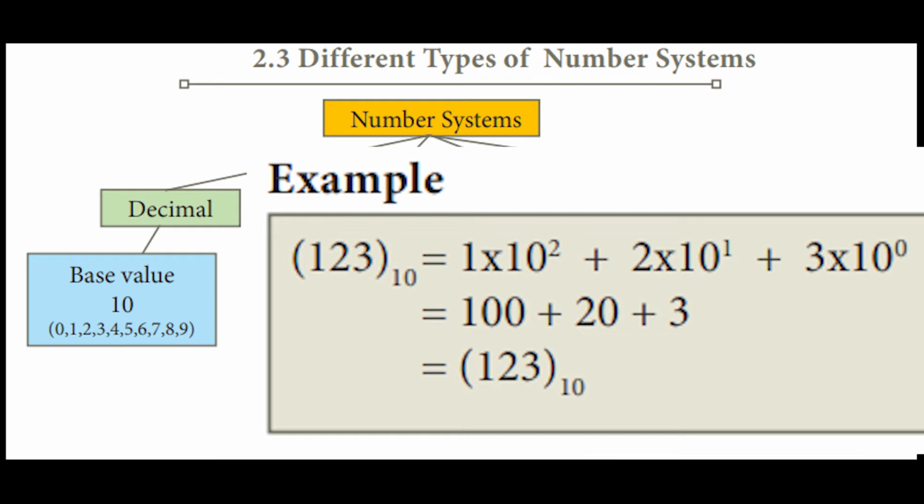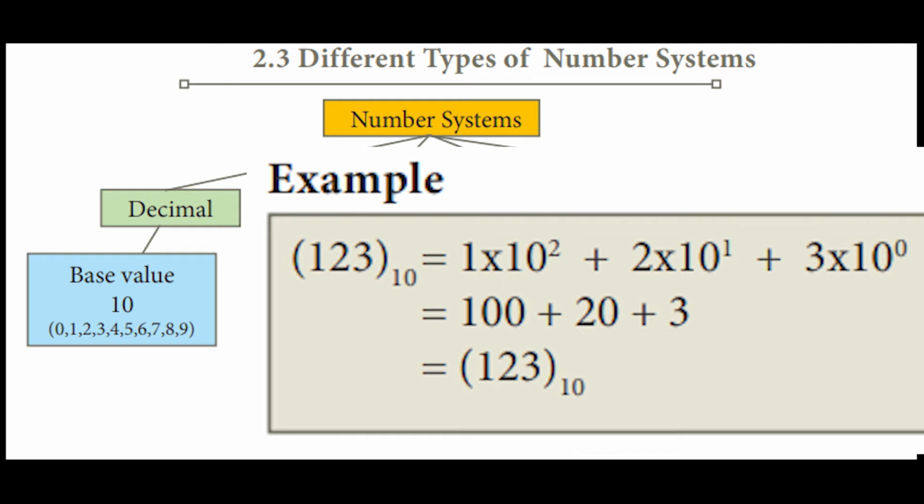Since this is a decimal number, to find the difference we put a bracket and give the base value 10 near the number. Okay, 123.